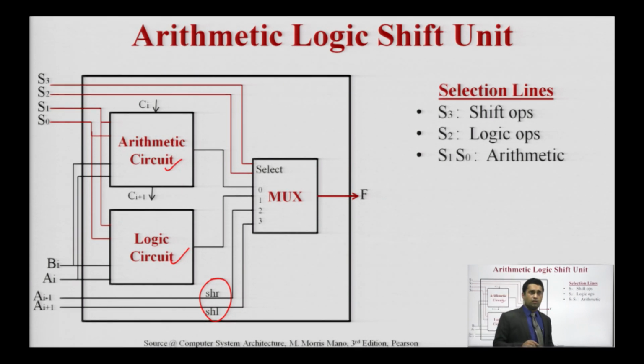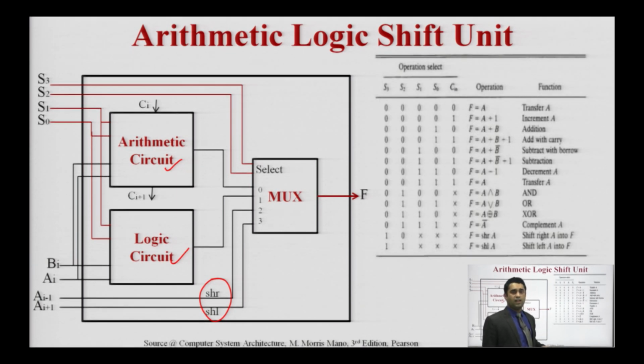If I am using two parts, the arithmetic circuit and the logic circuit, then only one selection line was required. Earlier I showed you that S2 is there, and now I am using one more operation, the shifting part, so one more selection line is required, S3. In this case S3 represents the shift operation, S2 represents the logic operation, and S1 and S0 represent the arithmetic one.